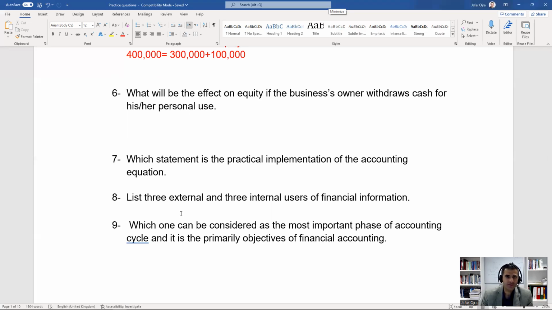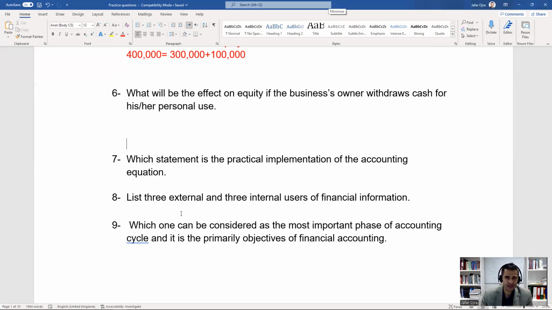Drawings mean that the owner takes money for his or her personal use, for example, she fancies a Lamborghini and withdraws £200,000. In this case, the equity will be impacted negatively.